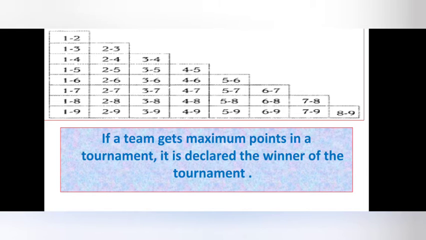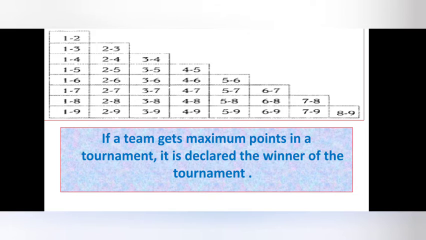The first match is 1 versus 2, then 1 versus 3, 1 versus 4, 1 versus 5, 1 versus 6, 1 versus 7, 1 versus 8, and the last match is 1 versus 9.